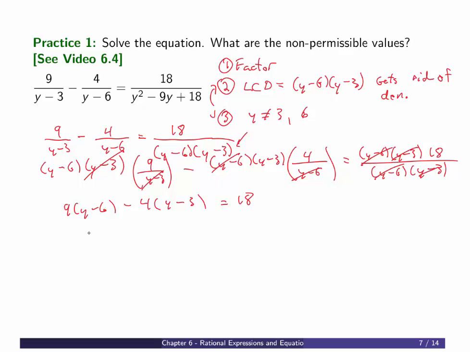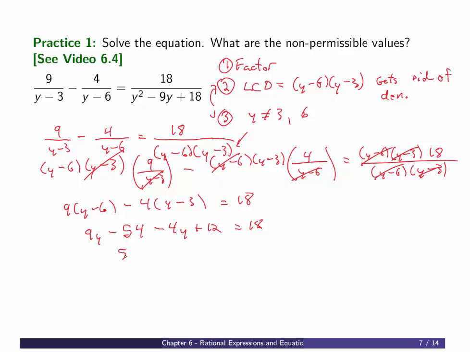All we're going to do here is distribute. So 9 times 6 is 54. Minus 4y plus 12 equals 18. And now we are going to collect like terms.